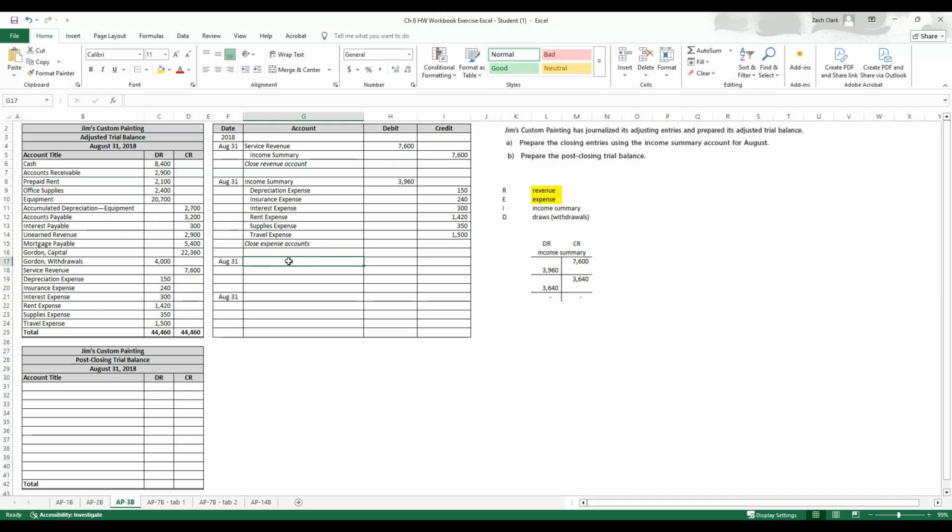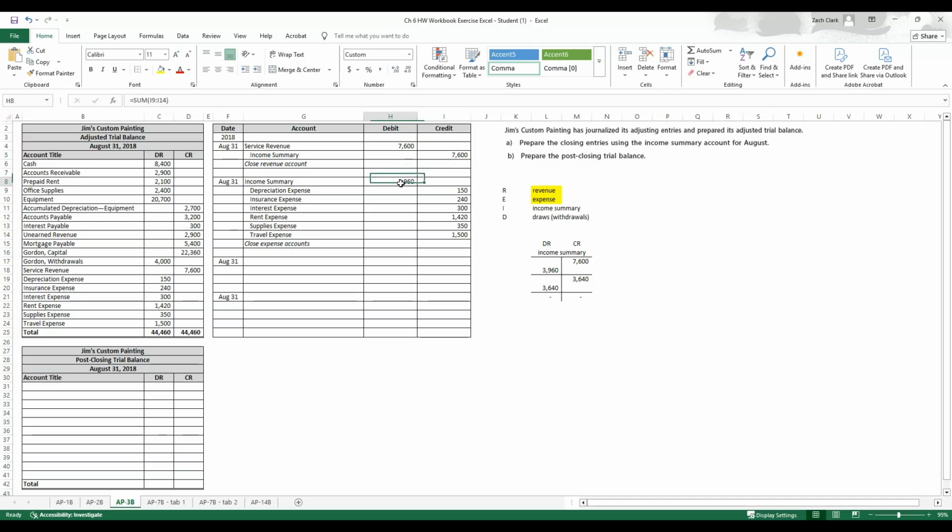One way you can do this without having to draw out the income summary T account is you can just look at the entries above and see, to make this zero, what would we need to do, debit or credit? You can see that the credit is higher.